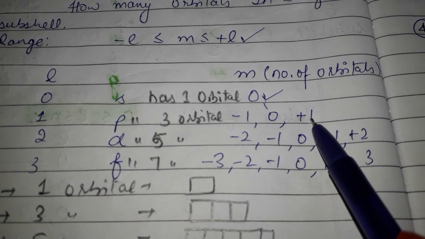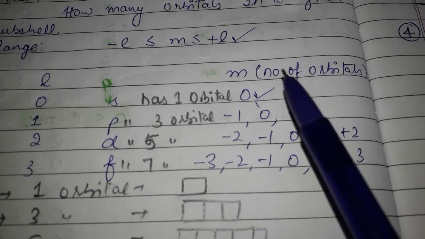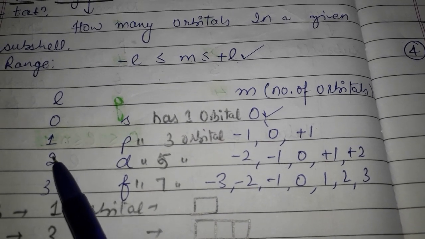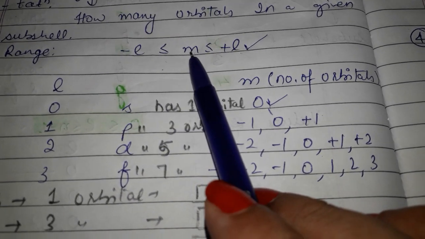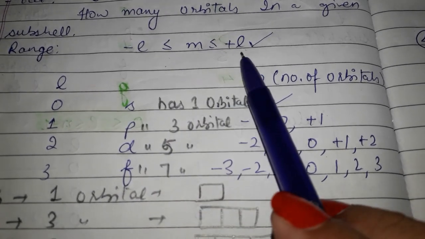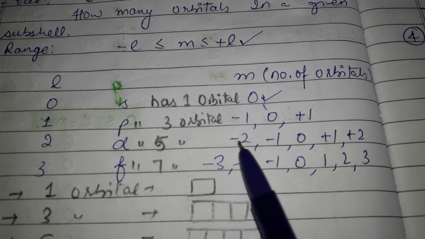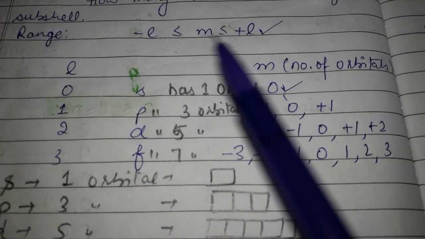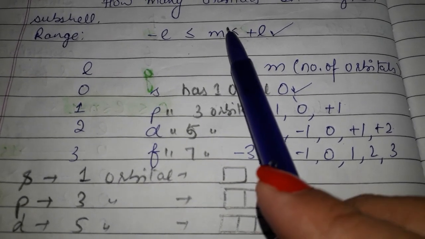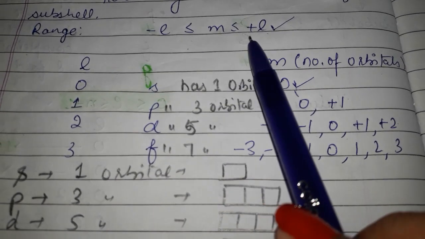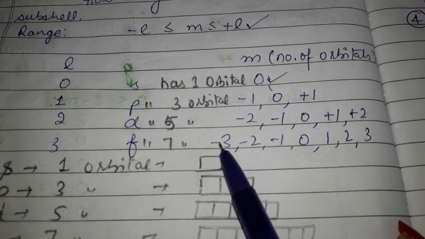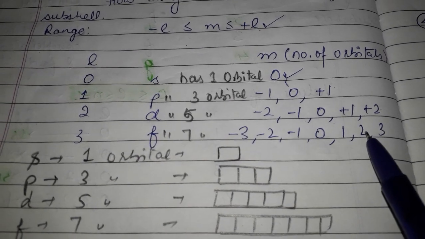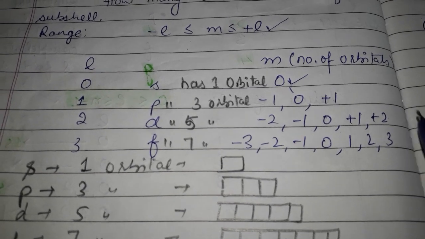The values in between the negative and positive values will be considered here. For L equal to 2, the value of m will be from minus 2 to plus 2: minus 2, minus 1, 0, plus 1 and plus 2. For L equal to 3, the value of m will be minus 3 to plus 3: minus 3, minus 2, minus 1, 0, plus 1, plus 2 and plus 3.